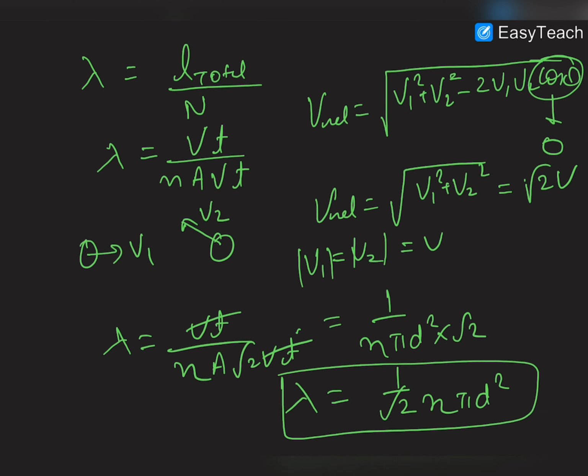This is the mean free path, where n is the number of molecules per unit volume of this cylinder. You can also find the number of molecules per unit volume from PV equal to nRT.